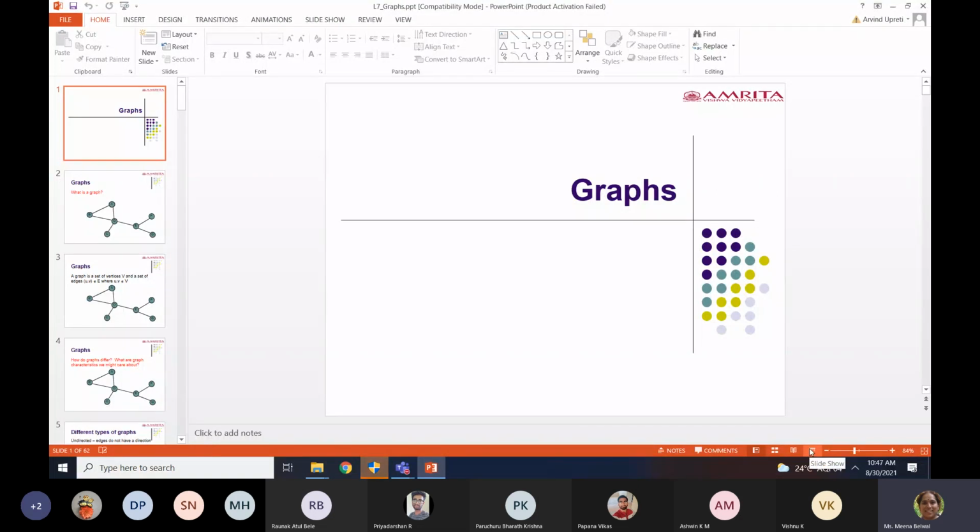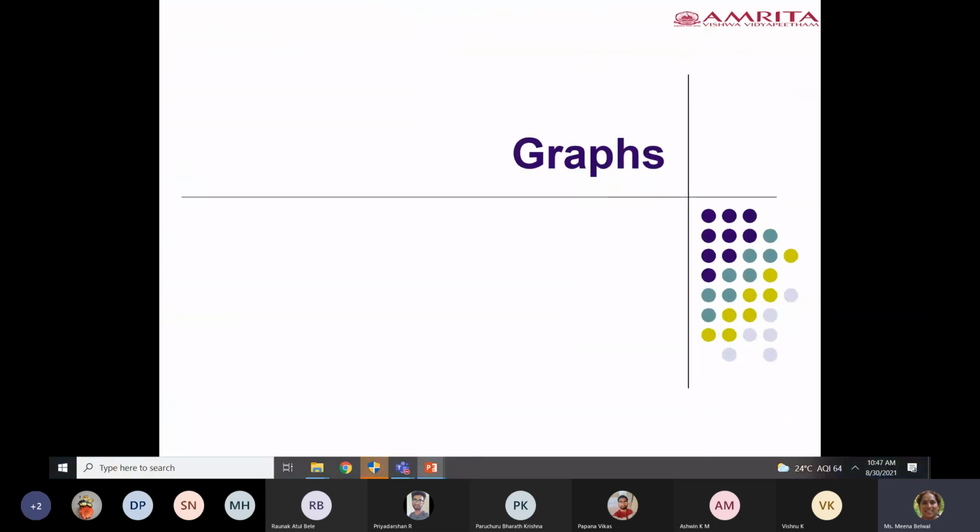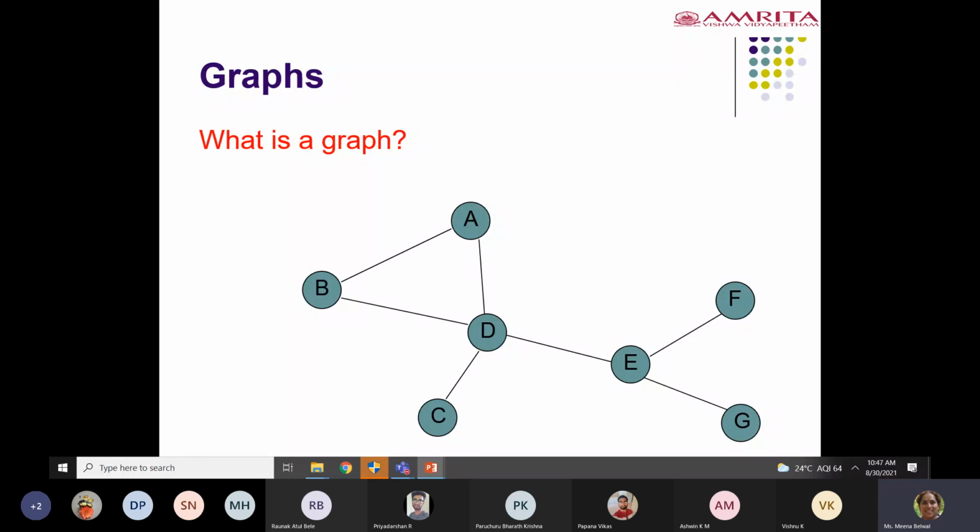Maybe a few terms you will see are new. So what is a graph? Definitely this picture represents a graph, but what is a graph?